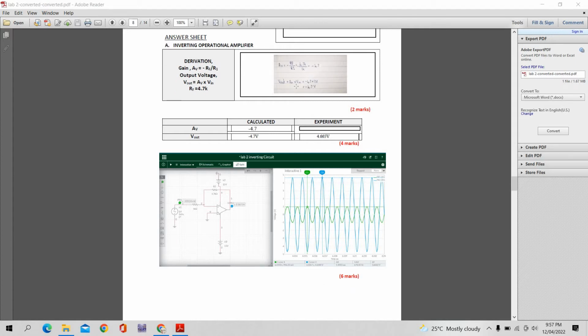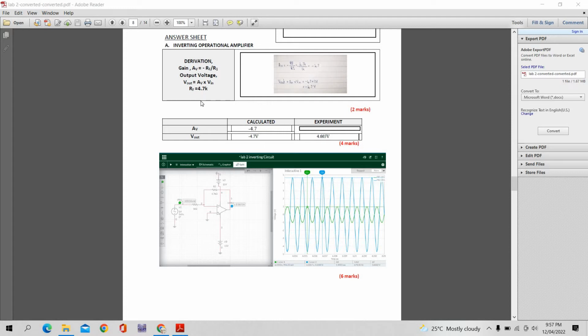So these are the calculated values for the gain and V out. From the experiment we can see the value is 4.665 volt, which is almost similar to the calculated value.